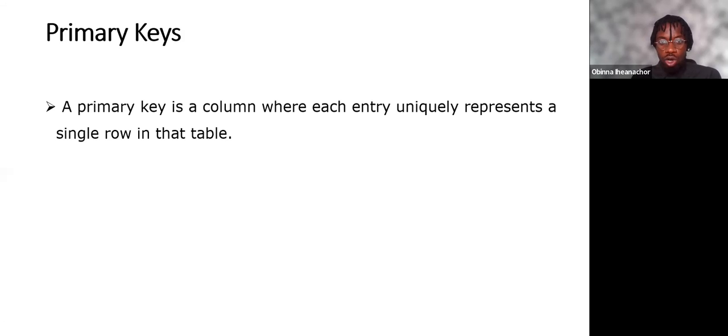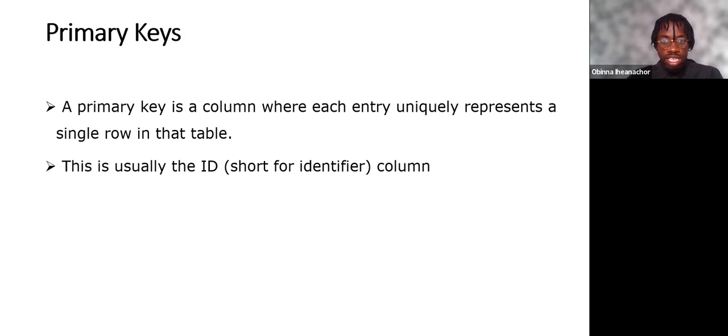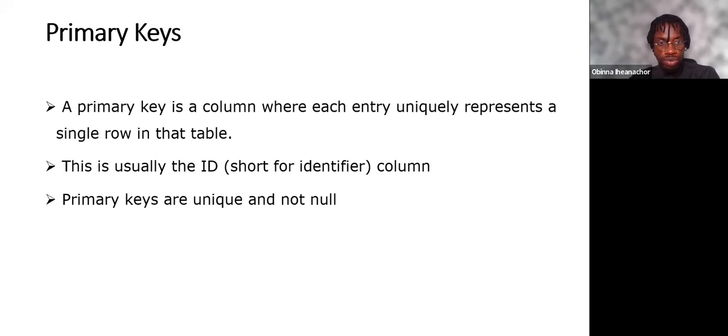Its function is to uniquely represent every single row in that table. It's usually the ID column. So you can have a table for customers with one column called customer ID. That column serves as the primary key. It uniquely identifies every row, or every customer, in that table.